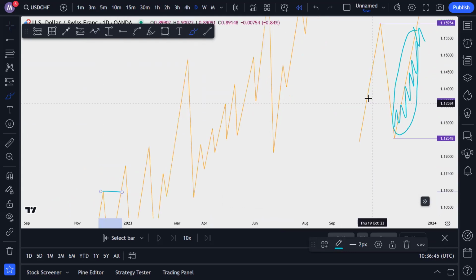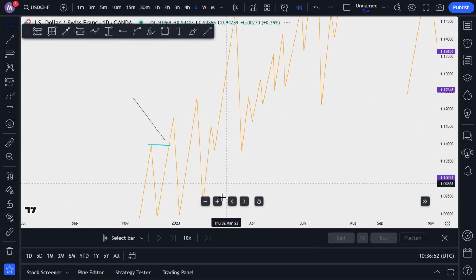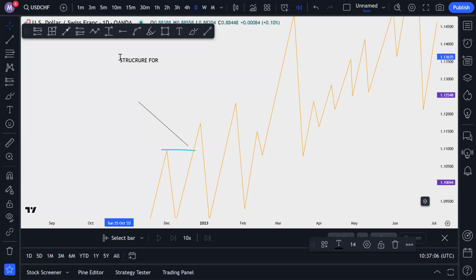I told you when you mark the break of market structure, we definitely have to consider what we call the structure formation and structure confirmation. So what is the structure formation and what is structure confirmation?